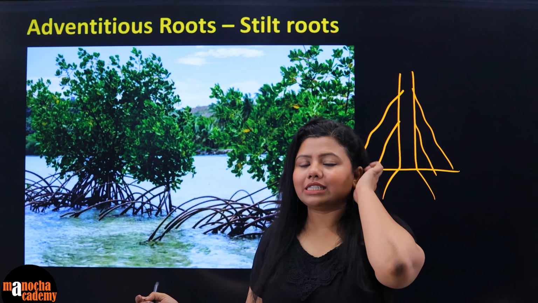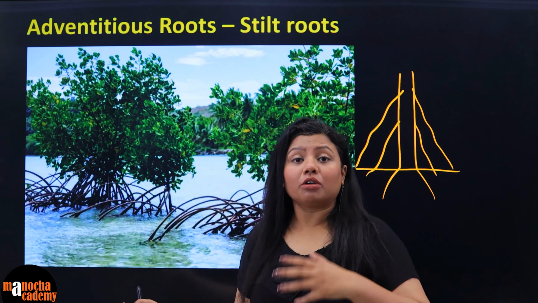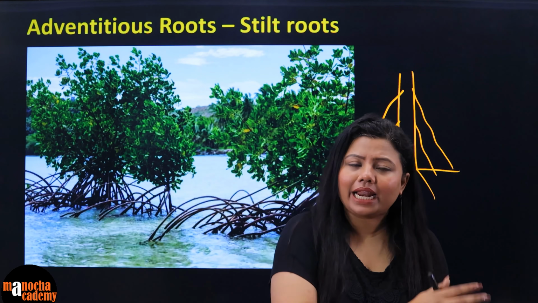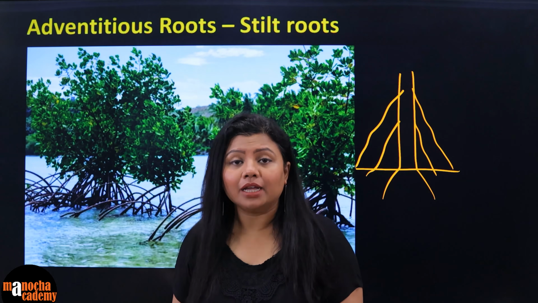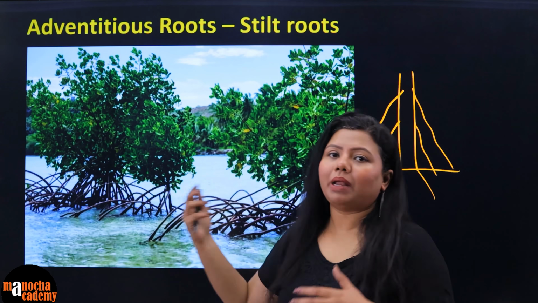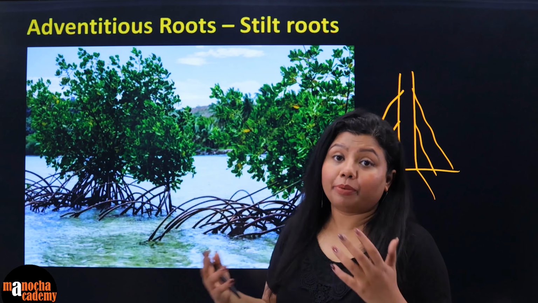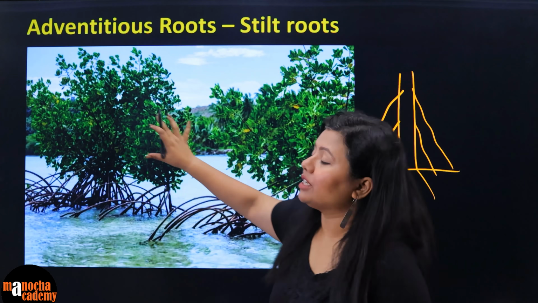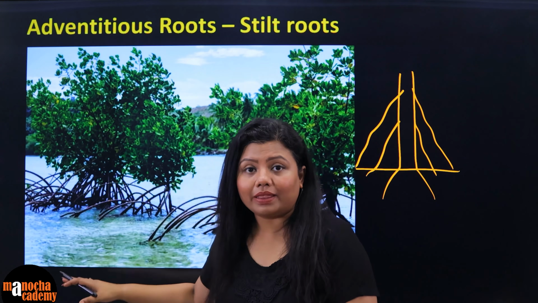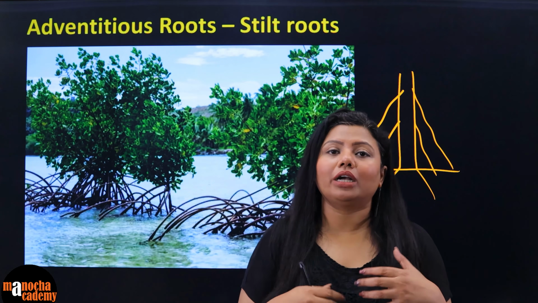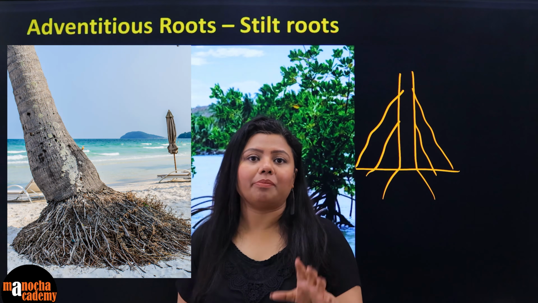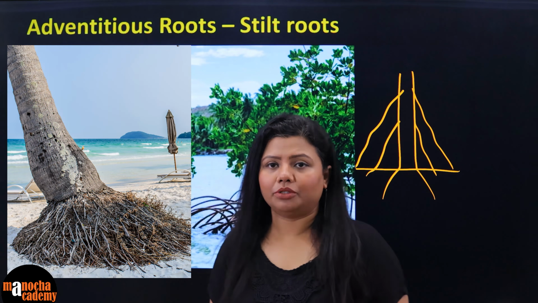Usually you find stilt roots for plants which are growing near the water, because the water has a tendency of coming in and going out during the tide, during which it can pull the plant and break it or uproot it. So these stilt roots, they provide support to this entire plant so that even when there is water current, the plant does not get uprooted. You will also find these stilt roots coming out from the base of the palm trees.